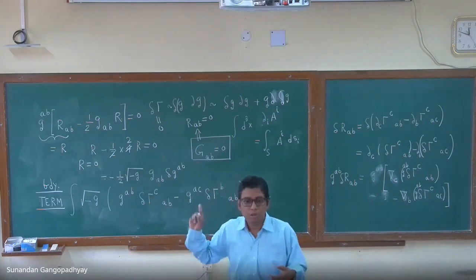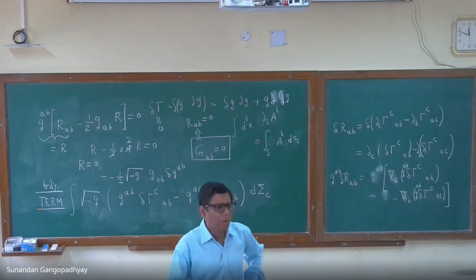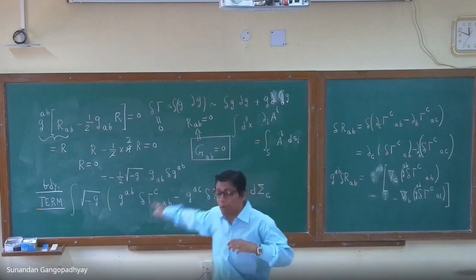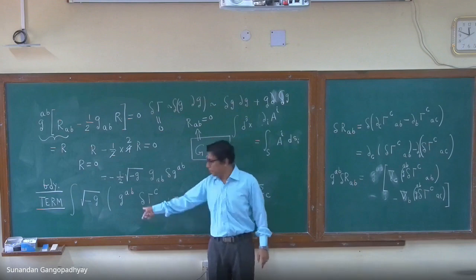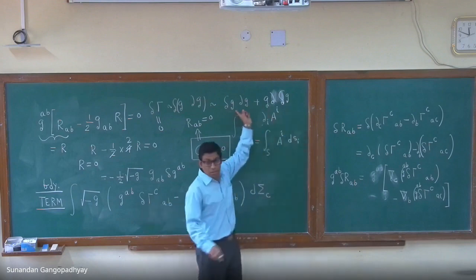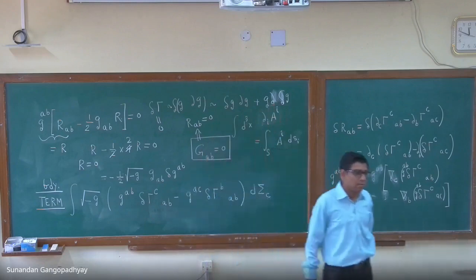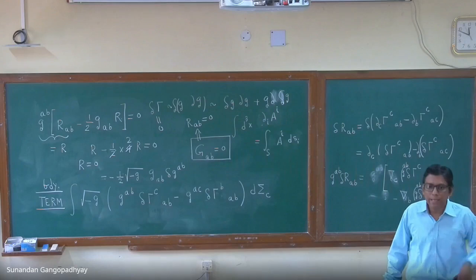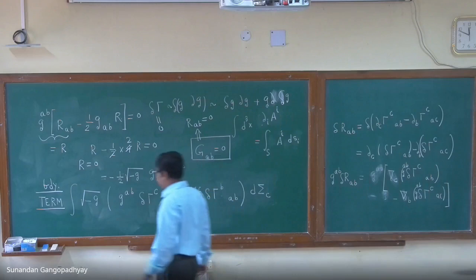If you do only this, it is not sufficient, there is a problem here, which is usually not mentioned. Varying the Einstein-Hilbert action gives the Einstein field equations of motion, provided that this boundary term is 0, that is, you impose that this is 0 on the surface. But this 0 means delta g is 0 and the derivative of delta g is also 0, but making both 0 together is a problem. So what is the way out? There is only one way.